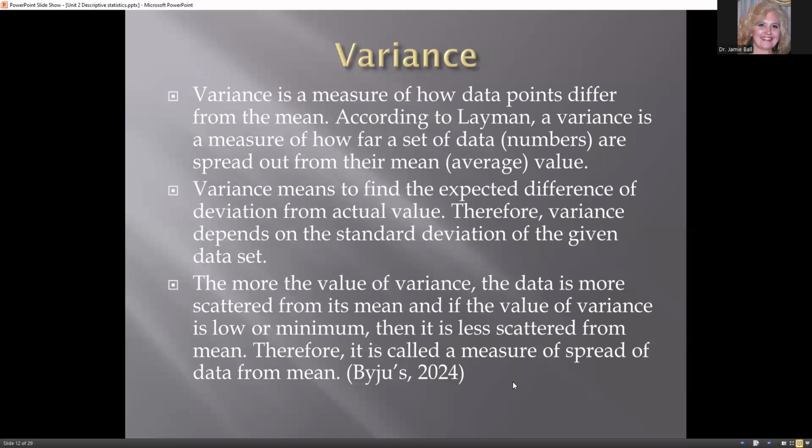Therefore, variance depends on the standard deviation of the given data set, so we need to know both. The more the value of variance, the more scattered the data is from its mean. And if the value of the variance is low or minimum, then it is less scattered from the mean.